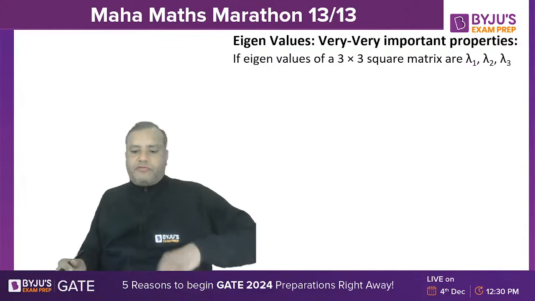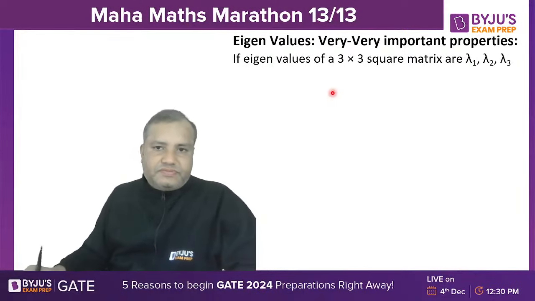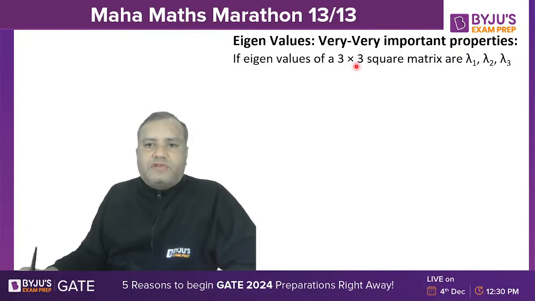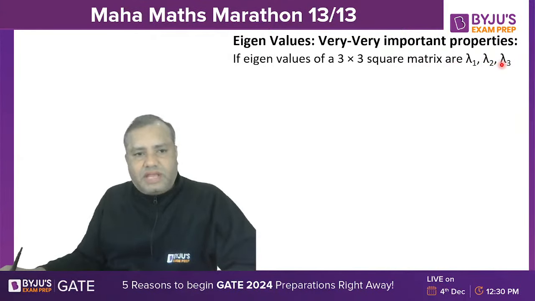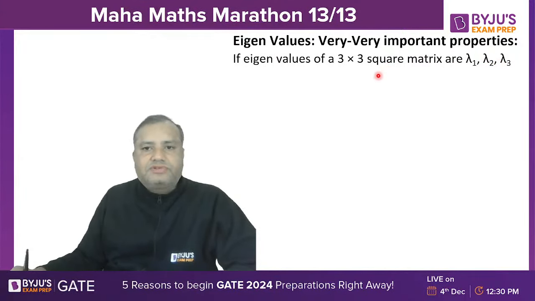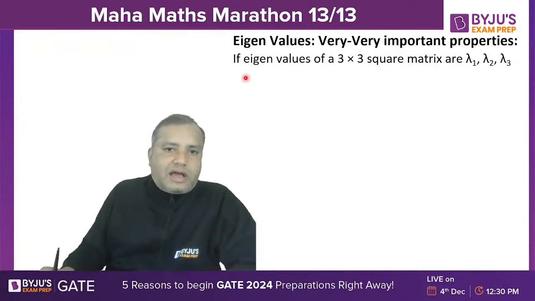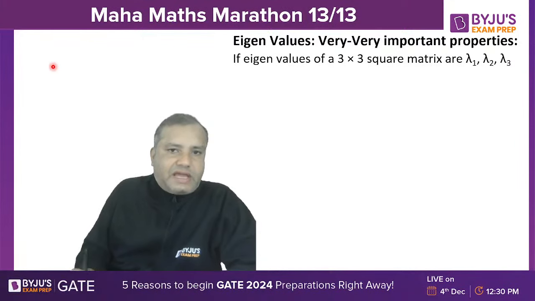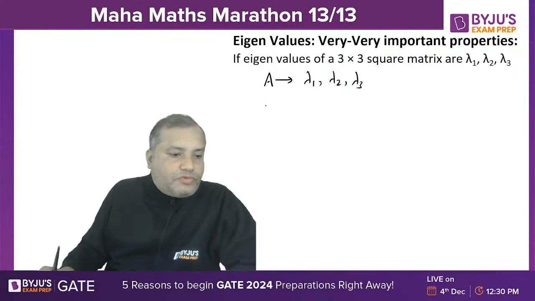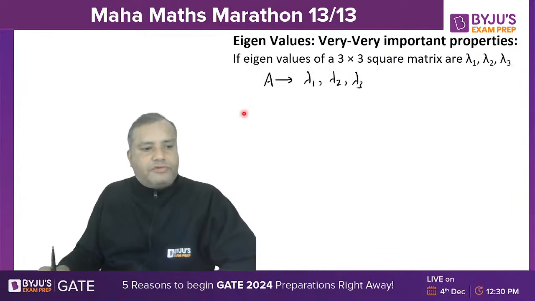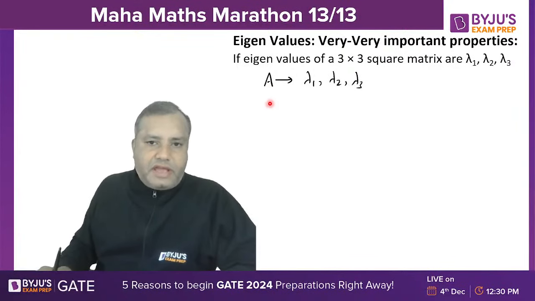This is going to become a very important frame, students. If eigenvalues of a 3 cross 3 square matrix A are lambda 1, lambda 2 and lambda 3, what will be the eigenvalues of other matrices formed with A?